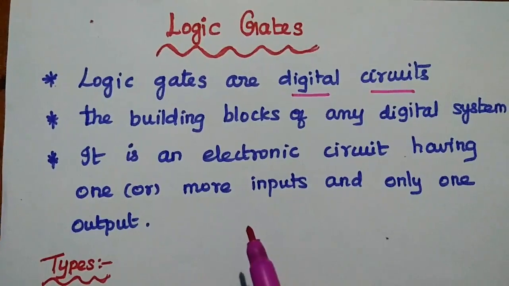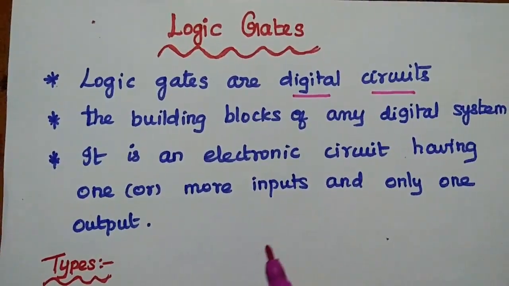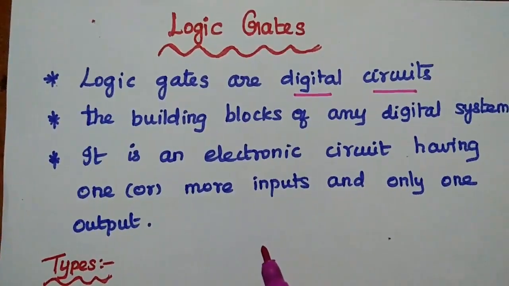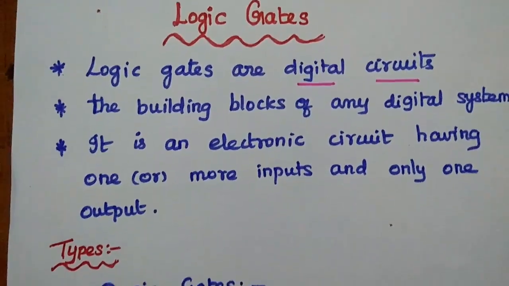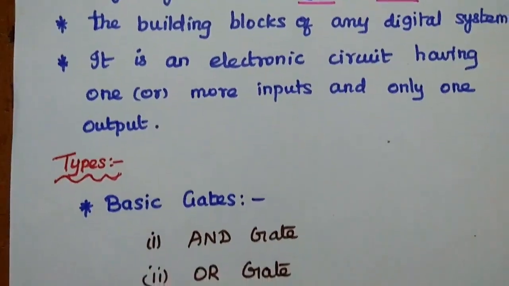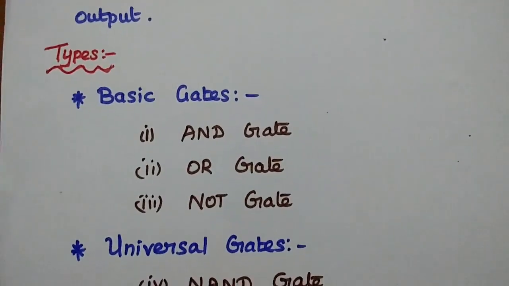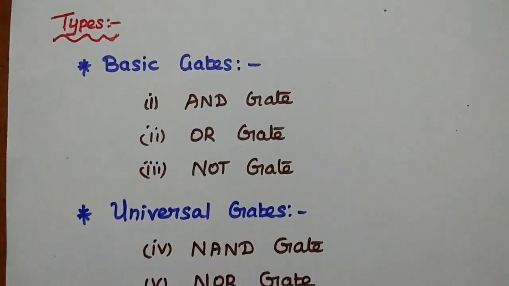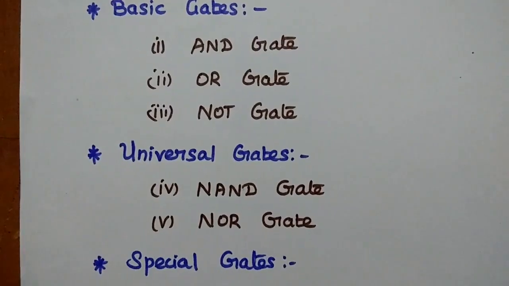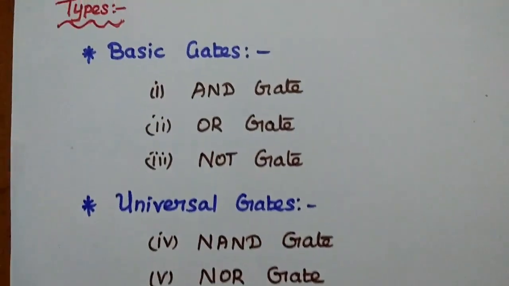We are going to use zeros and ones, that is binary values, in logic circuits. We can categorize the logic circuits into three types: basic type, universal type, and special type.